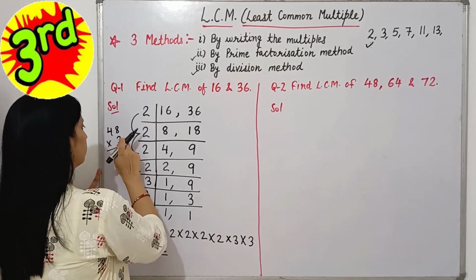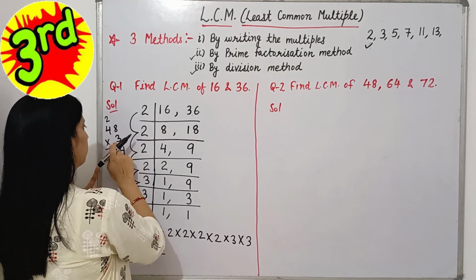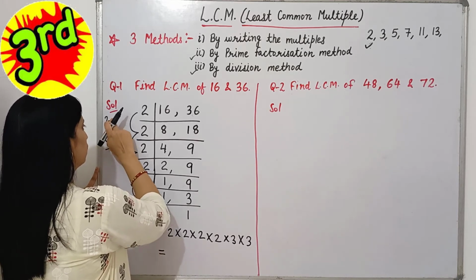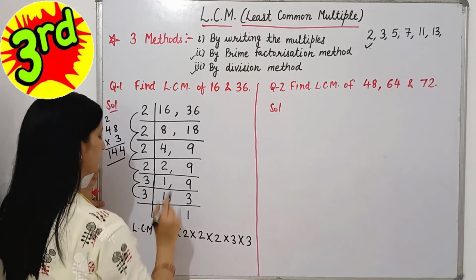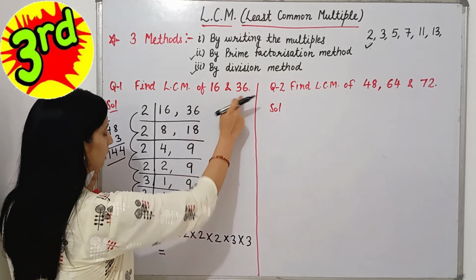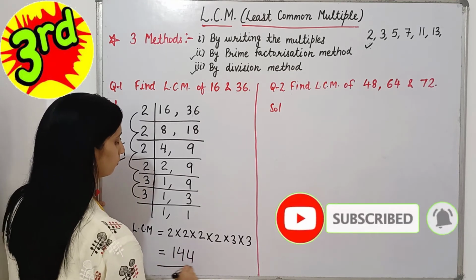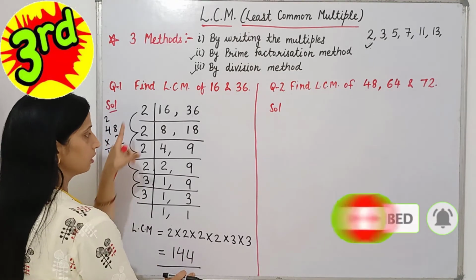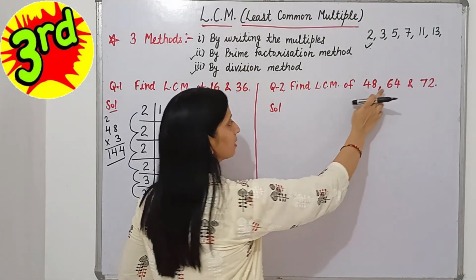We will get 3 8s are 24, we will write 4, 2 we will carry here, and 3 4s are 12, 12 plus 2 is 14. So the LCM of 16 and 36 will be 144.